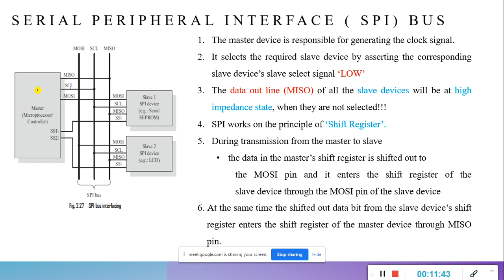So initially assume that the data is present here. Now this data is shifted to the MOSI pin of the master, and through the MOSI line it is once again shifted to another register, the MOSI pin of the slave. Assume that there is a simple register here and one more register, and these two registers are shift registers. The data is shifted here, and then through this line it is shifted to the MOSI of the slave device.